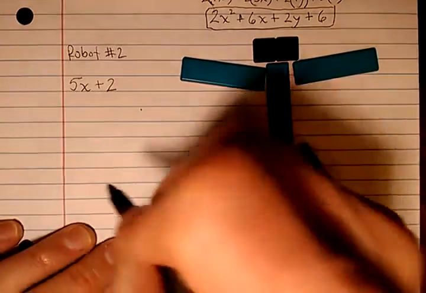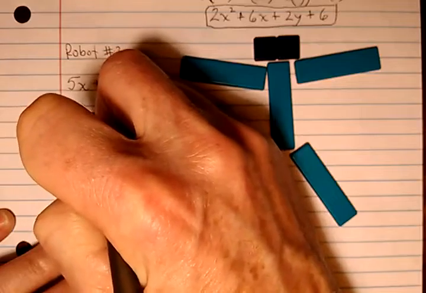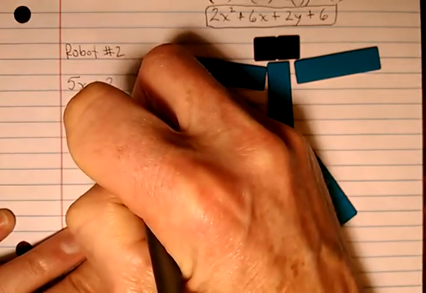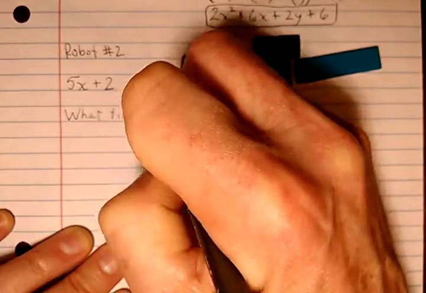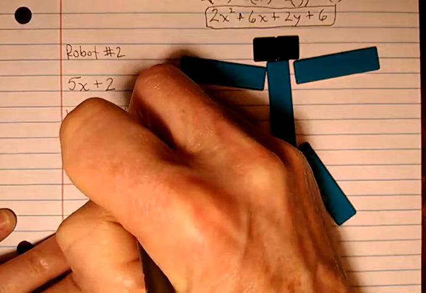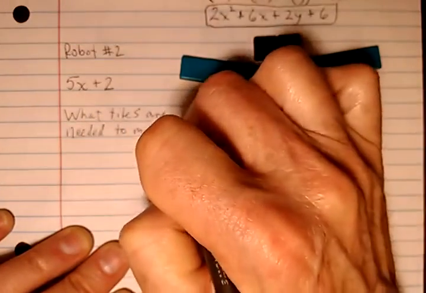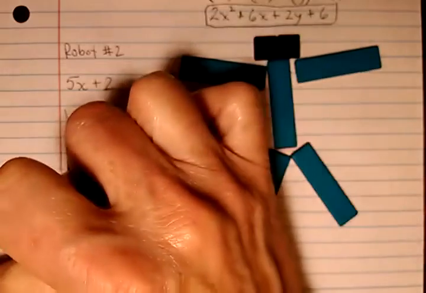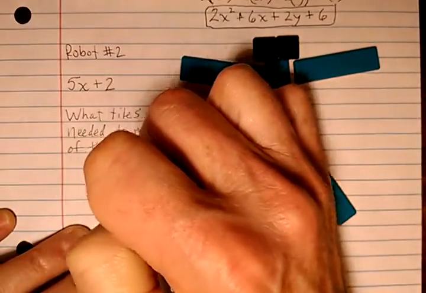But the question is now, what tiles are needed to make 3 of these robots?